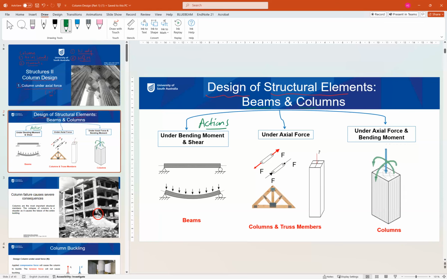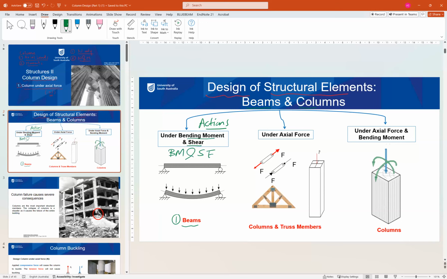The first is beams. Beams are designed for bending moment and shear force. And columns can be designed under axial load, or axial load and bending moment. Here in this case, only axial load.